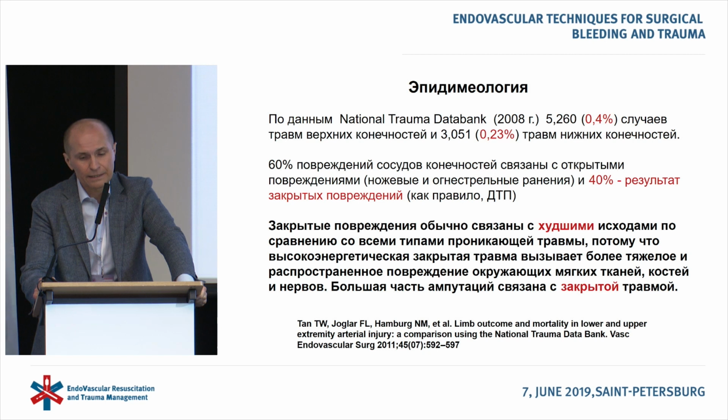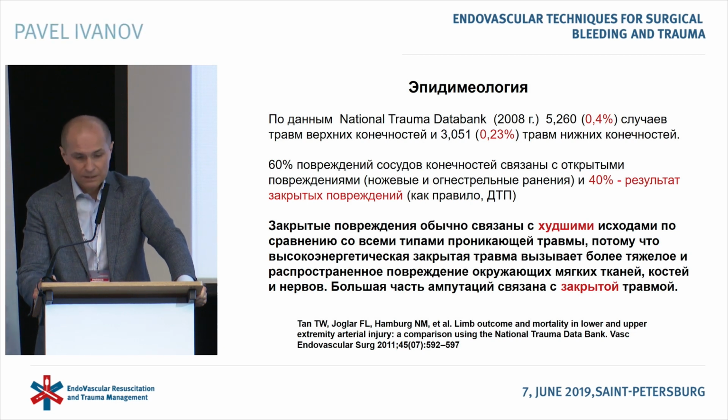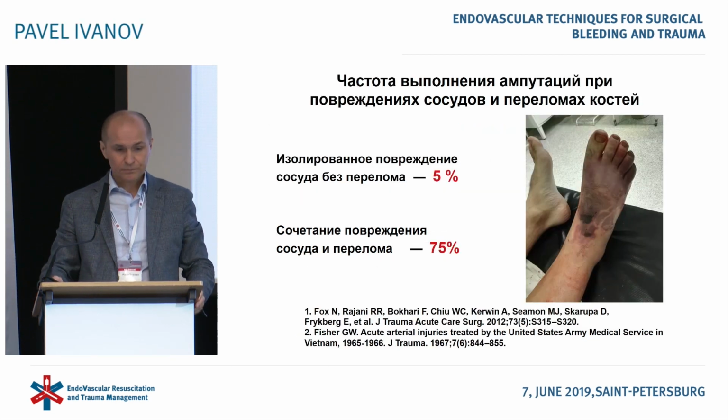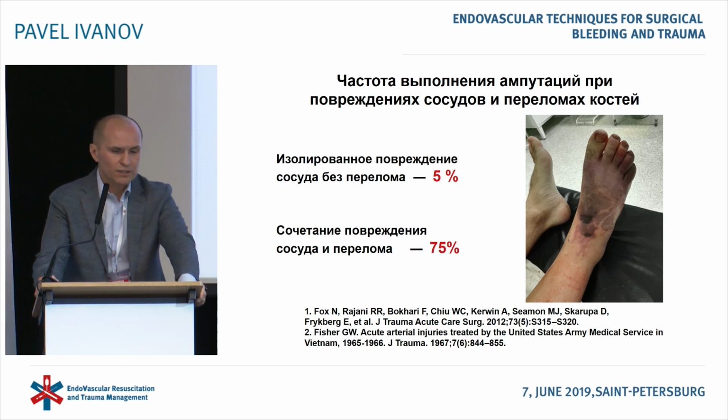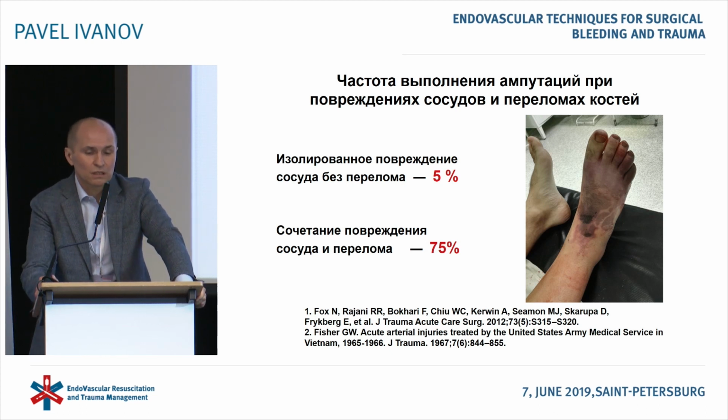The closed traumas, especially from the perspective of amputation of limbs, are the worst, because closed wounds cause large-scale failures of soft tissue and bones, and they usually represent a polytrauma.